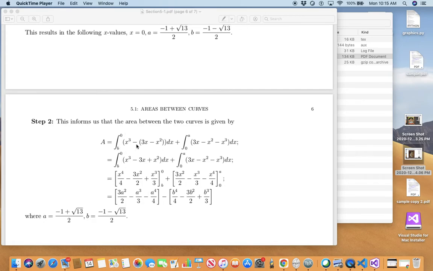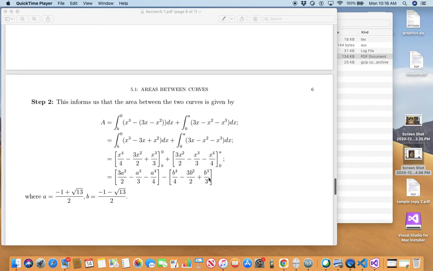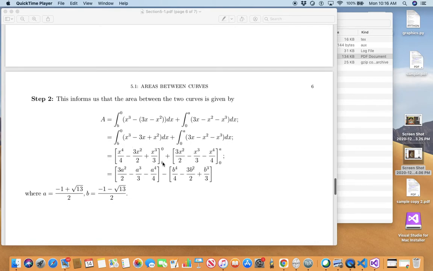So all we are doing is simplifying and proceeding. Notice the limits: b to 0, and 0 to a. At 0, I'm only going to get zeros. So all I'm going to get is a value for b and a.